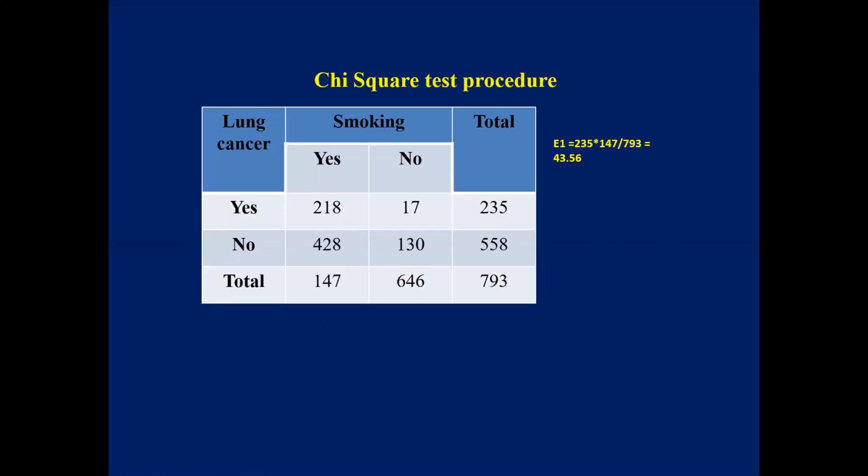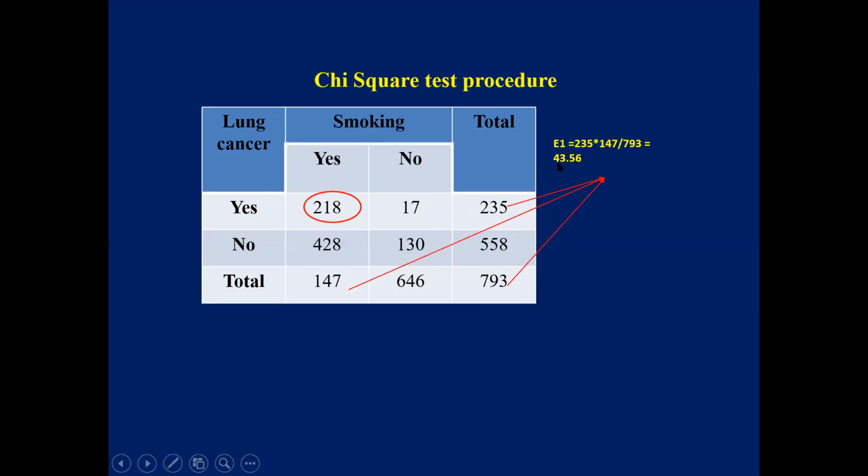For 218, the row total is 235, multiplied by column total 147, divided by the grand total, 793. I'll repeat the equation: expected frequency is given by row total multiplied by column total divided by grand total.